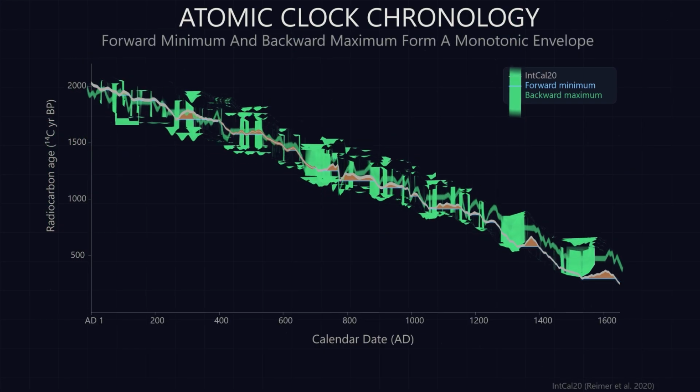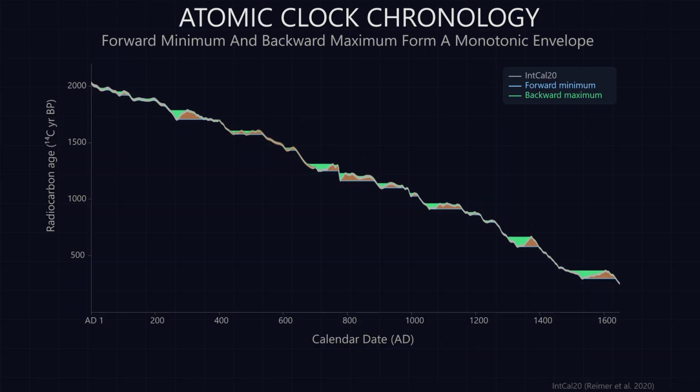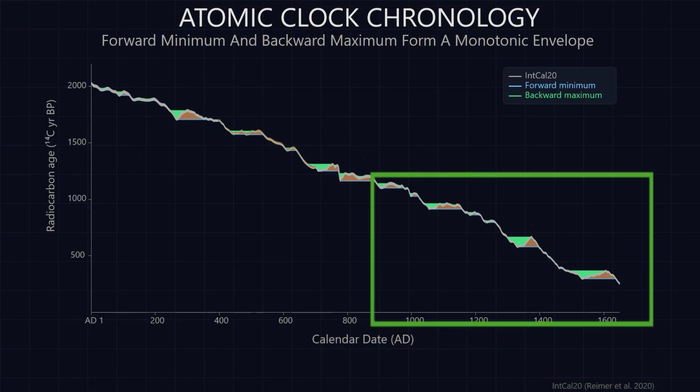Then we calculate the backward maximum. This is the running maximum of the Calc 20 curve computed by walking backwards from 1650 AD to 1 AD. It has the same characteristics. It's a non-decreasing function going leftward. It can only increase or remain constant as you move backward in time. This leaves you with the monotonic envelopes.